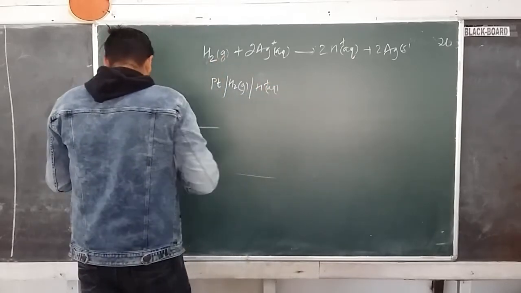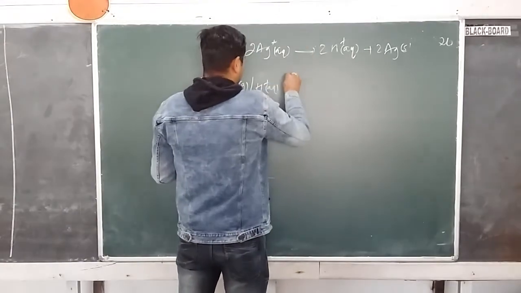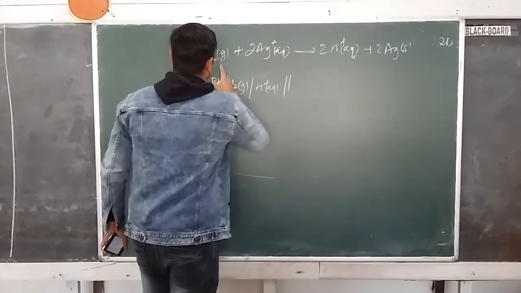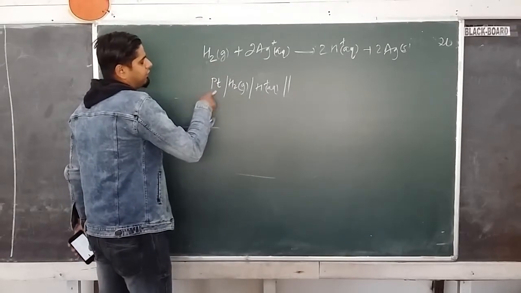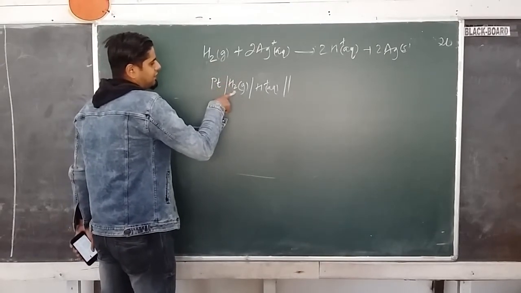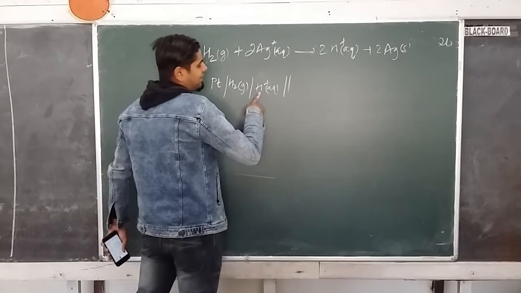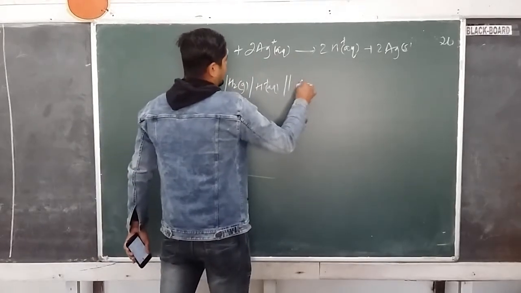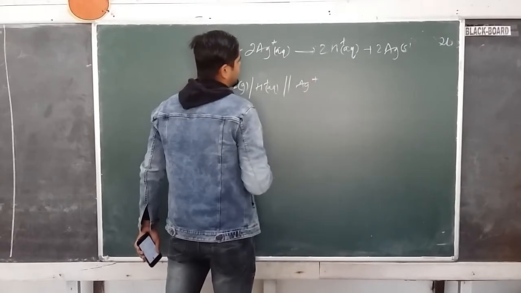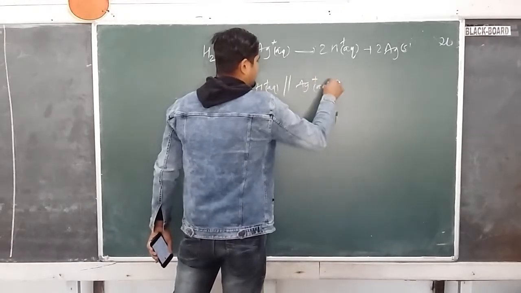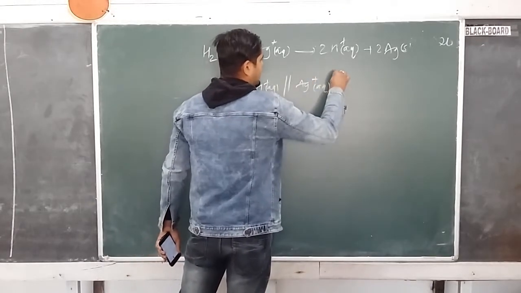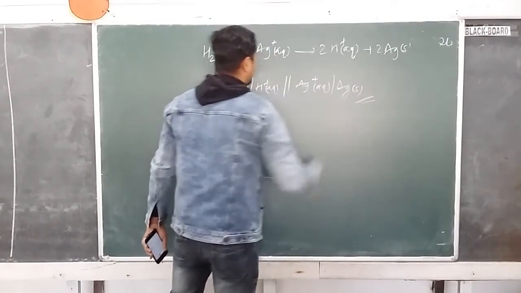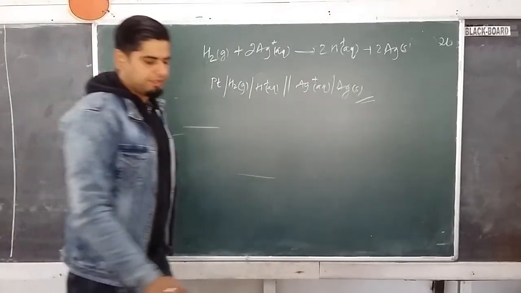Yes or no? Now the salt bridge is there, this one, then very simple. Now what is left? Since platinum is the electrode for hydrogen gas, H plus ion is present. Now we have Ag plus, that is the aqueous electrolyte. For this electrolyte, which electrode is there? Silver. This is solid. In this way you can represent a galvanic cell.